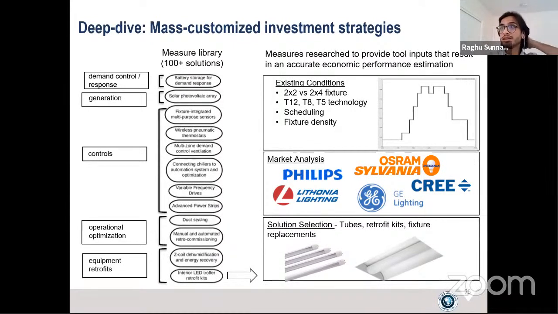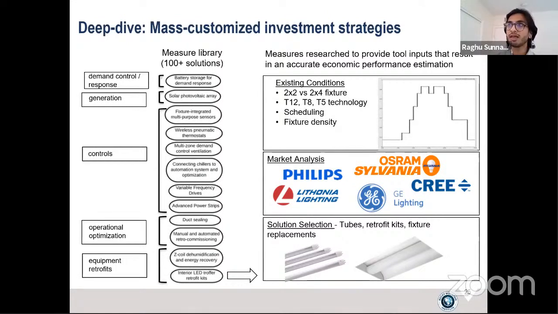So this is another example, a deep dive into what we mean by mass customized investment strategies. In this particular example, I'm talking about changing the lighting fixtures. It's a simple enough ECM, but we often don't look at the fact that when we replace a lighting fixture, there's this whole impact on changing the lumen level within the space.